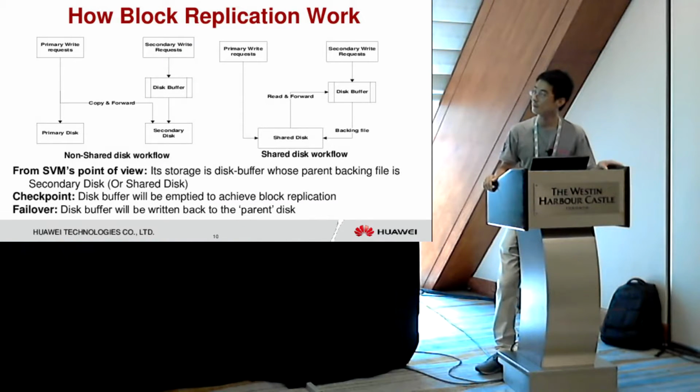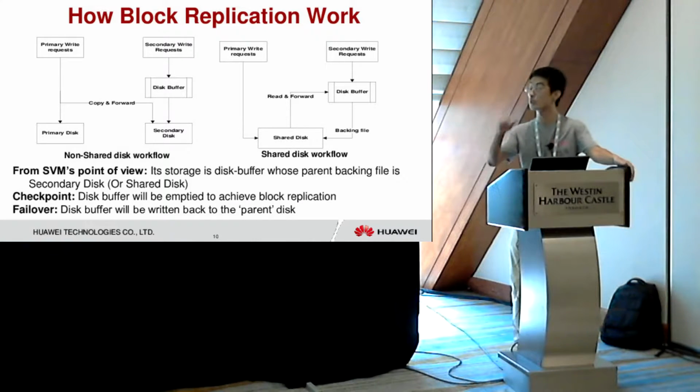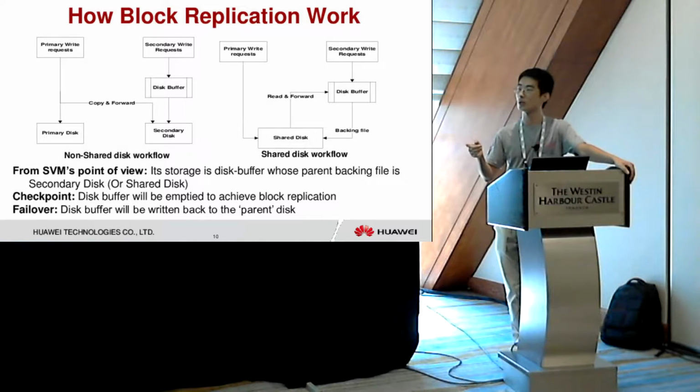To achieve the checkpoint, we need to copy and forward the PVM's written data to the secondary disk. But before this data is written into the secondary disk, we need to copy its original content from the secondary disk to the disk buffer.